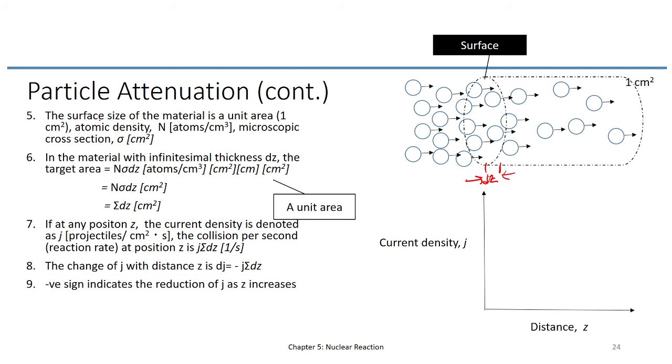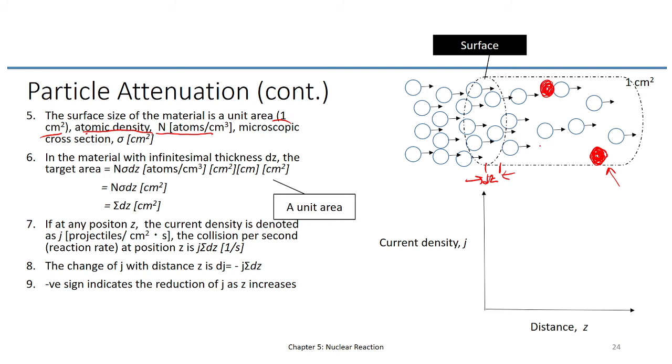The surface size of the material or the cylinder, for this argument, we still consider it 1 square centimeter, and the atomic density, atomic density is capital N. Atomic density is the atoms inside the cylinder. So the uppercase N refers to the density of the target nucleus.